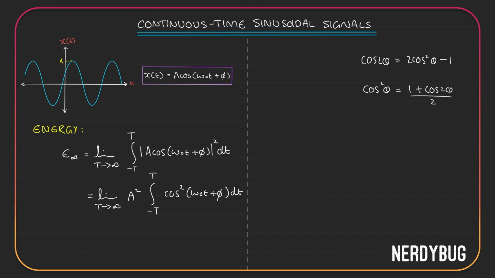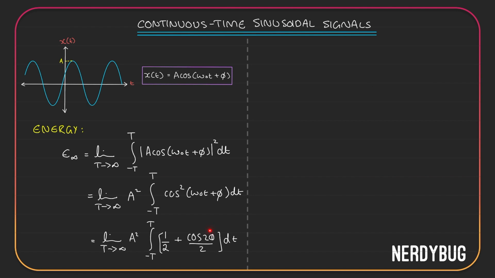Here we have cos square of omega naught t plus phi. So I can write limit T tends to infinity A square integral from minus T to T of 1 by 2 dt plus cos 2 theta by 2 dt, and theta here is omega naught t plus phi.